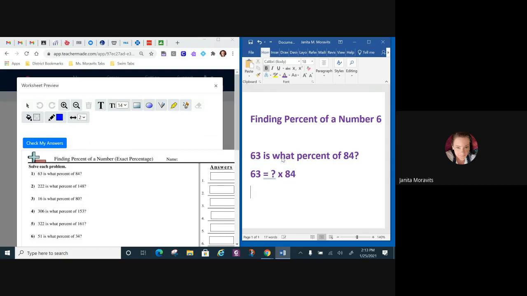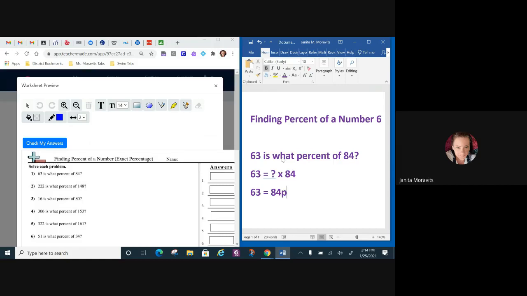All right, so we have 63 equals, and we're going to pretend that that question mark there, because that is the percentage, is the letter P. So we're going to say 84 times P.